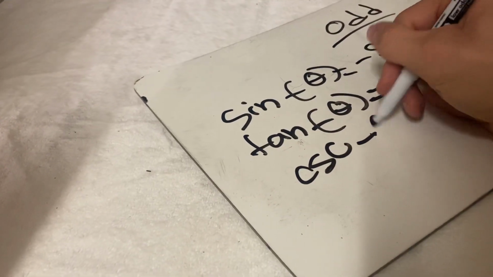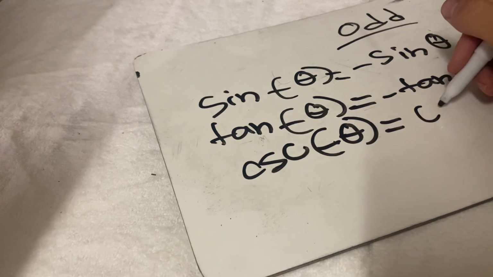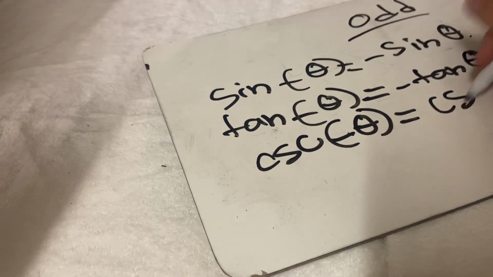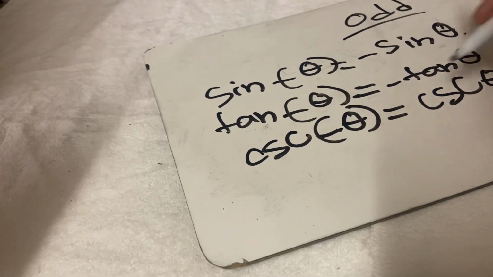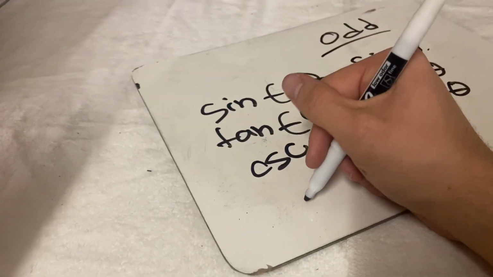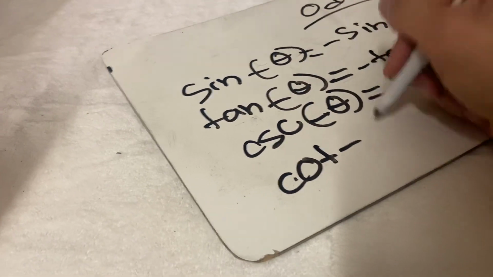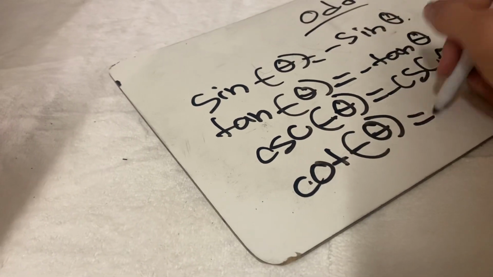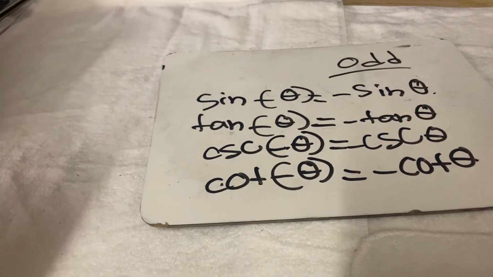Cosecant of negative theta would be negative cosecant theta, my bad. And then cotangent of negative theta would be negative cotangent theta. Yeah. Okay.